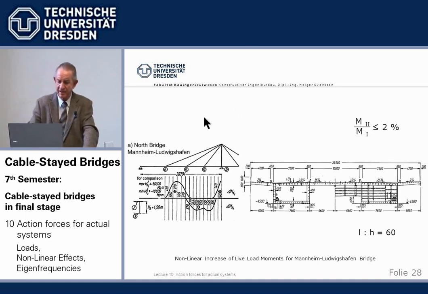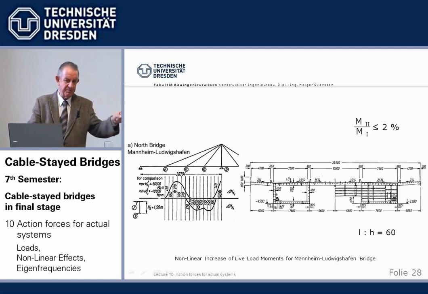Now, we look at some examples of increase of moment in the beam due to theory of second order, and we find that the increase depends strongly on the slenderness of the beam.